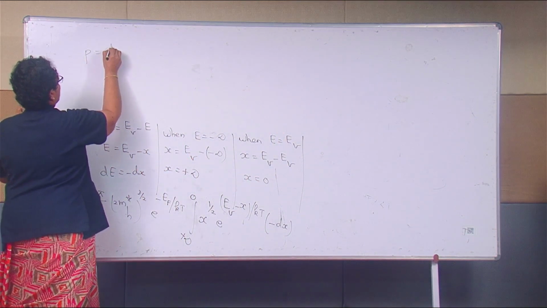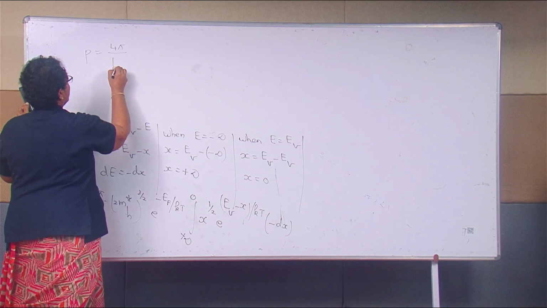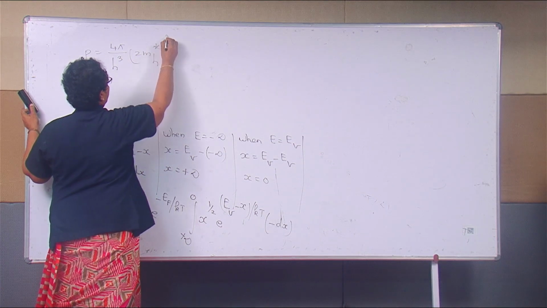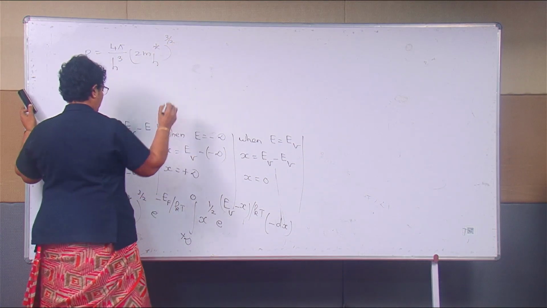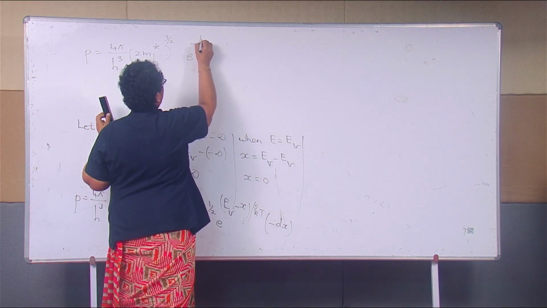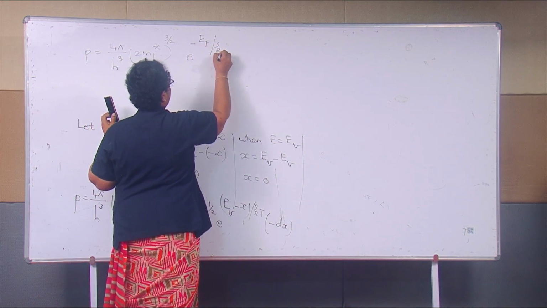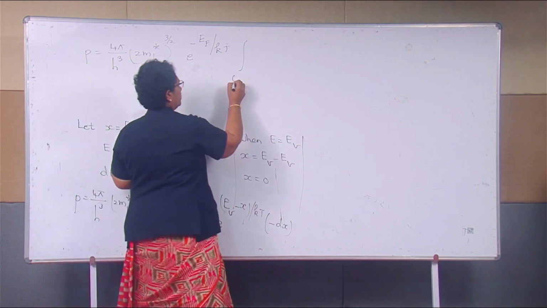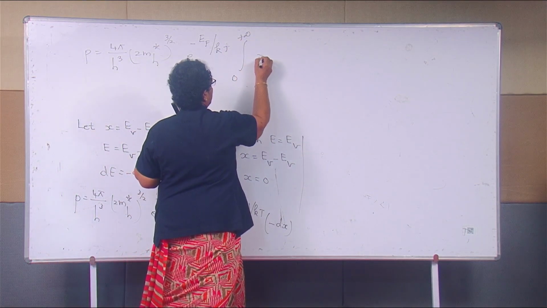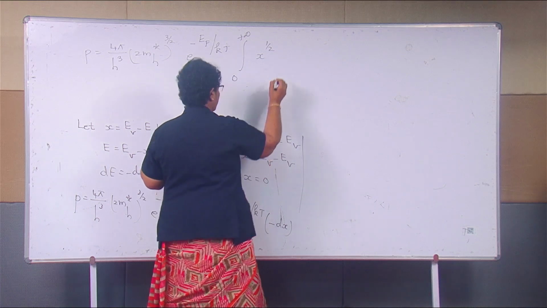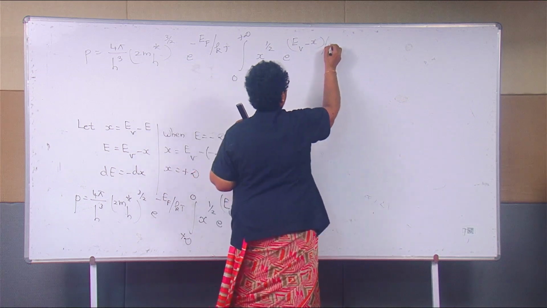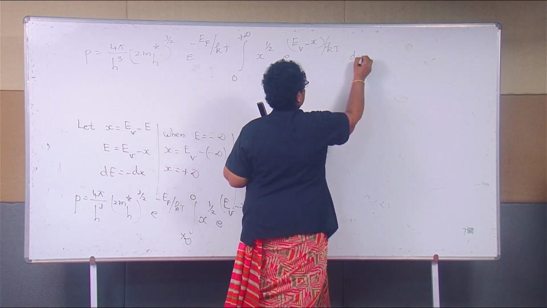So P is equal to 4 pi by h cube (2m h star) to the power 3 by 2, e to the power of minus EF by kT, and the limit is changed from 0 to plus infinity, x to the power of half e to the power of (EV minus x) by kT into dx.